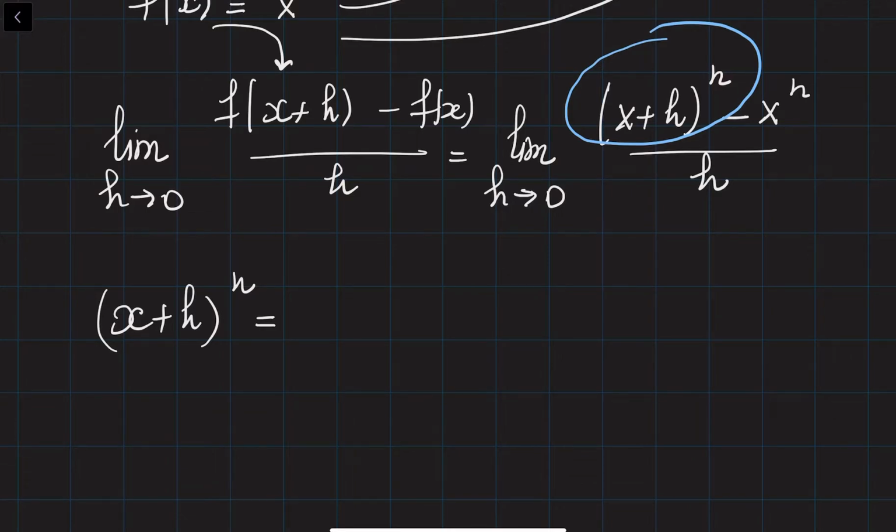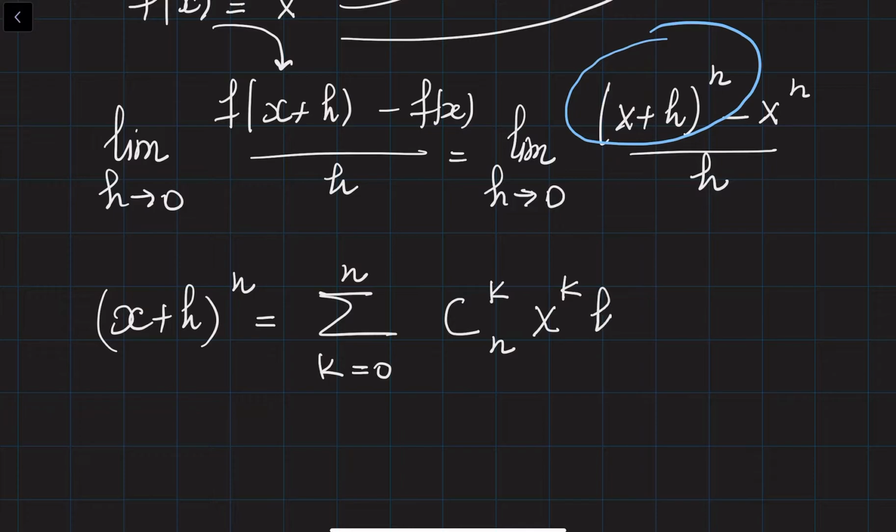It tells us this is equal to the sum over k from 0 to n of C(n,k) x to the power of k times h to the power of n minus k.